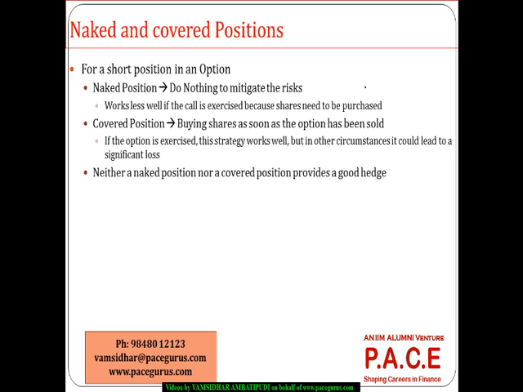Before we get into that, we need to understand the two different positions that we can take with respect to an option. For that, let me take an example of someone who has sold a call option. So let's say X has sold a call option and Y has bought the call. Now look at this.